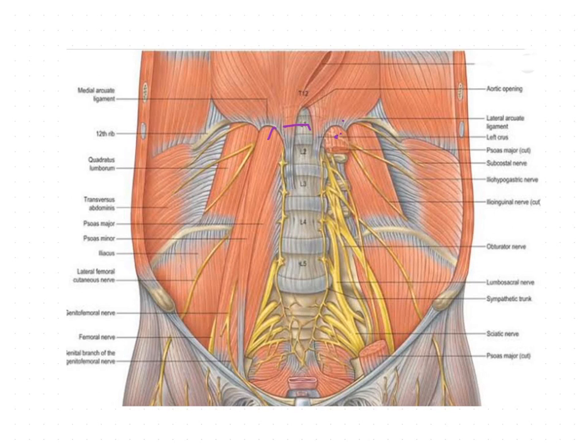Next one is the obturator nerve, which emerges out of the medial border of the muscle. Here you can find the obturator nerve emerging at the medial border of the muscle.